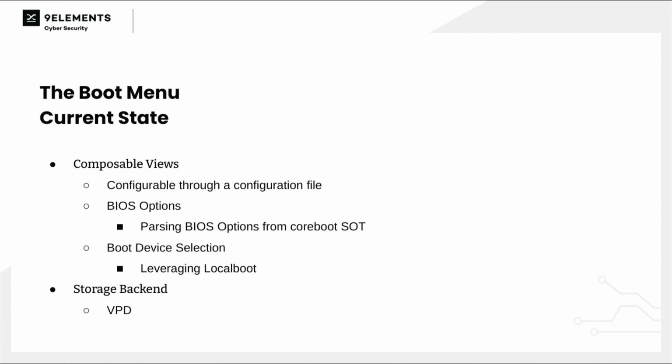I stored all of that in VPD, Vital Product Data. So coreboot gives you an option to reserve a certain part of the flash where you can write into that VPD section, and there I'm essentially saving my BIOS options. So once I reboot the system, coreboot can pick up what is actually in the VPD section, because it can read it and can configure things the way that I configured them in the boot menu.